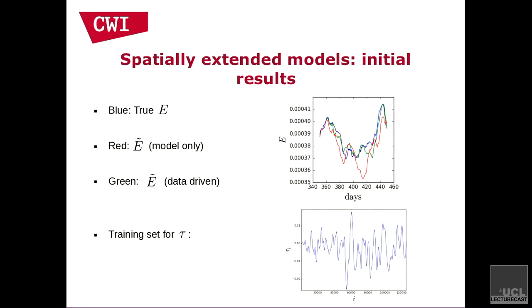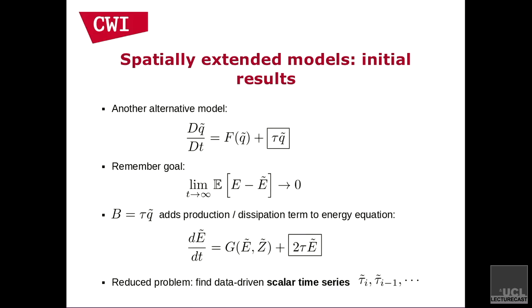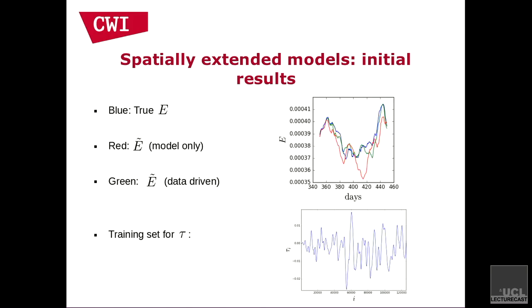So the blue line that you see over here is the true energy of the full scale simulation. If I set tau to 0, so if I just do the unparameterized model, no data-driven model whatsoever, I get the red line. Since I give them the same initial condition, it's very good in the beginning, but as time moves on, this will start to look different from the truth.